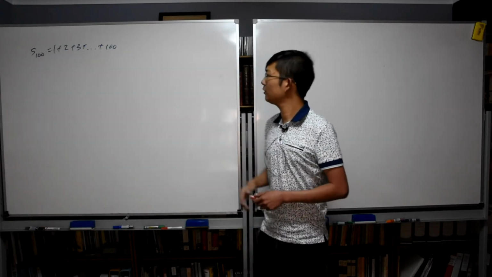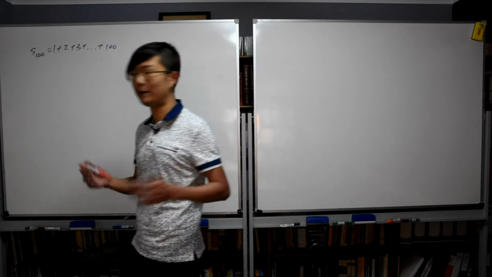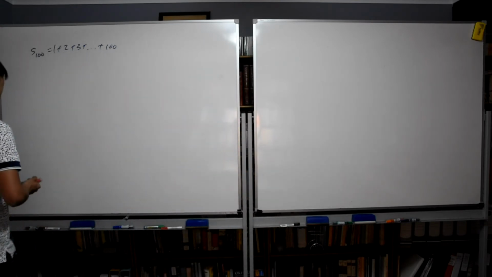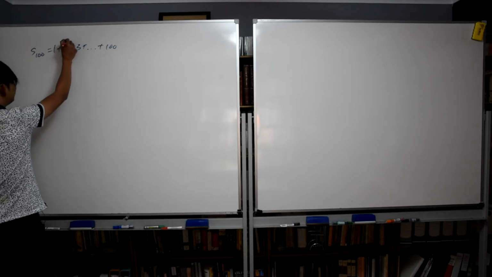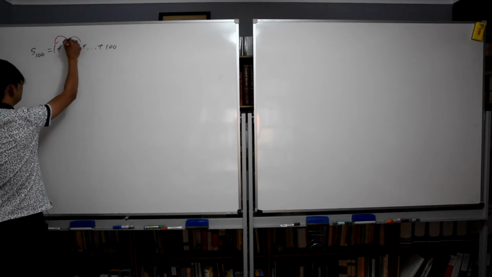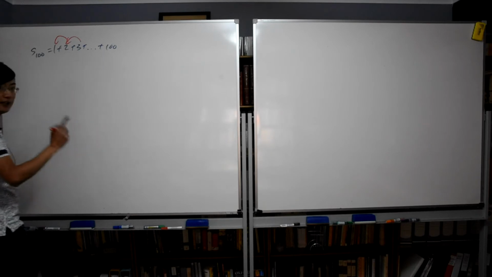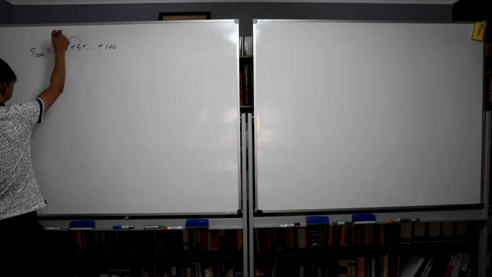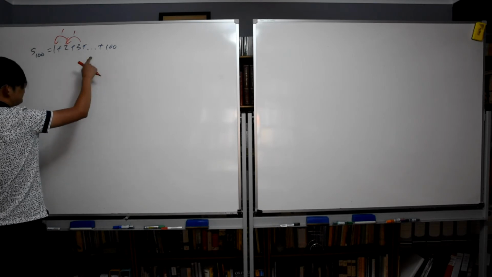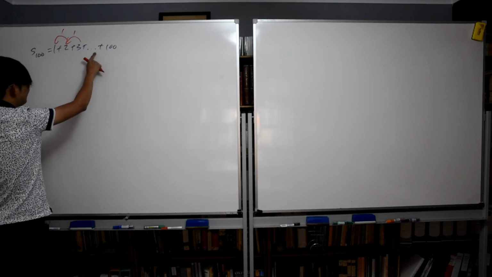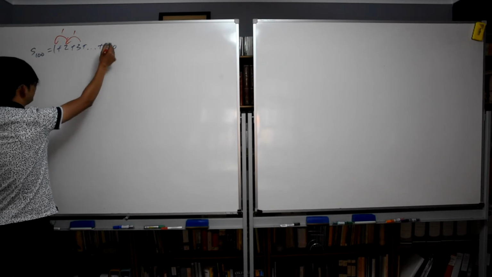What can we glean from the simplest example of what we call the arithmetic series? Firstly, we can see that every successive number is bigger than the previous number by the same amount. In this case, 2 minus 1 is 1, 3 minus 2 is 1, and if you remember there's a 99 over here, 100 minus 99 is also 1.